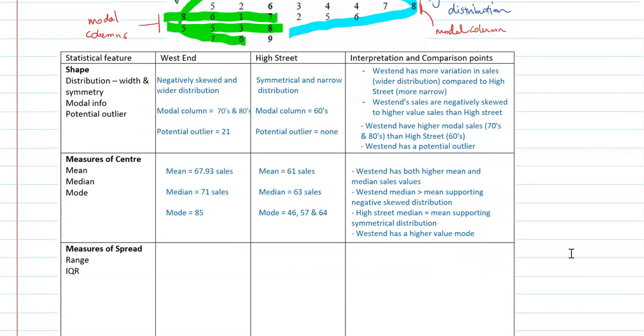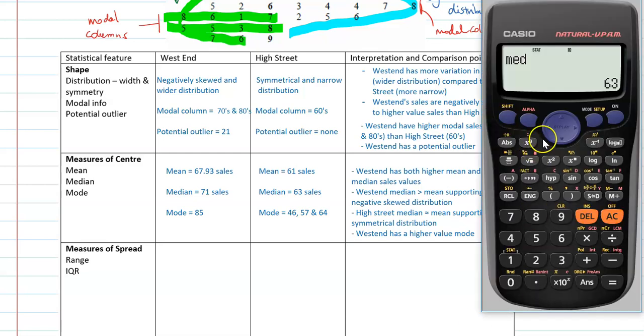Let's move on to the measures of spread. So again, we can use our calculator to grab those values for us. Because I still have the High Street data in my calculator, I'm just going to show you how to access that. So in terms of the range, access your statistical. I'm interested in option 5 because I want to know the min and max scores there.